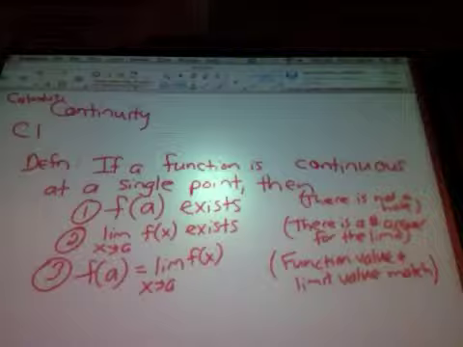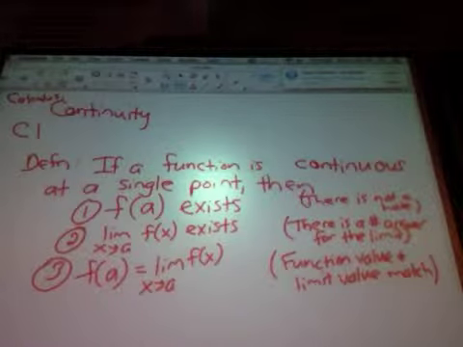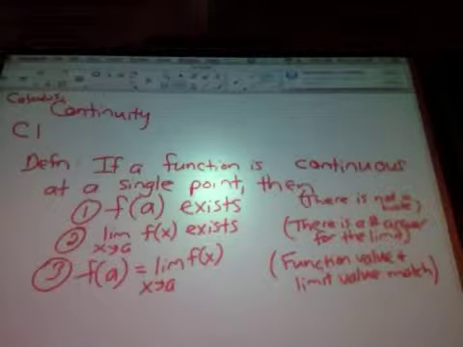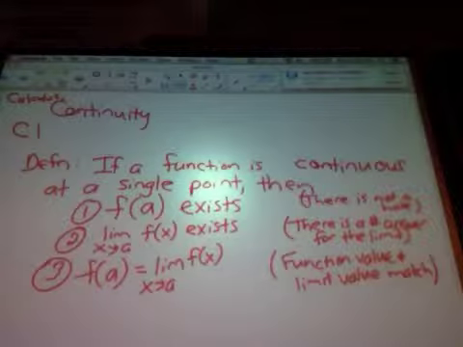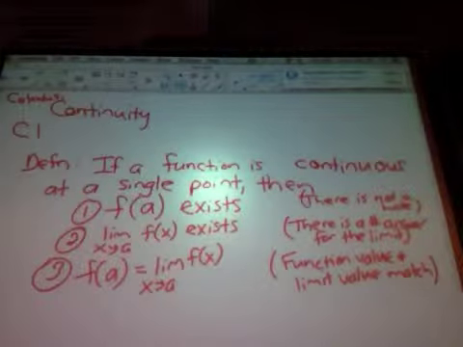So the limit value and the function value have to match. Why do you think that has to happen? Because if there's not a hole, then all the function lines up there. Okay, so everything needs to be a solid dot at that point.